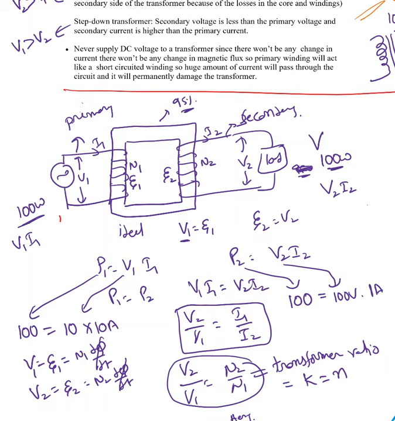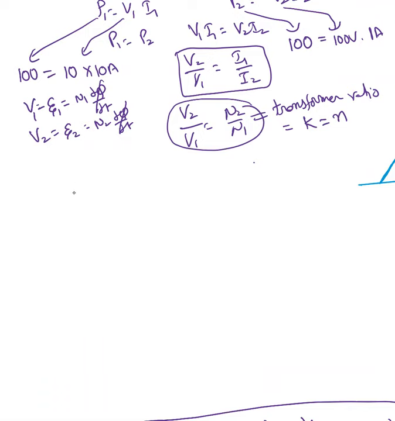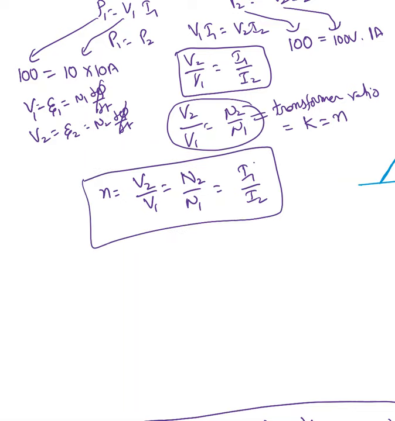Okay, another term you need to know: the transformer ratio K equal to N equal to V2 over V1 equal to N2 over N1 equal to I1 over I2. Okay, in this class I used K for the coupling coefficient, so to avoid confusion, let me take this as N. Okay, N is the transformer ratio. There is another term called A. This is called the turns ratio.